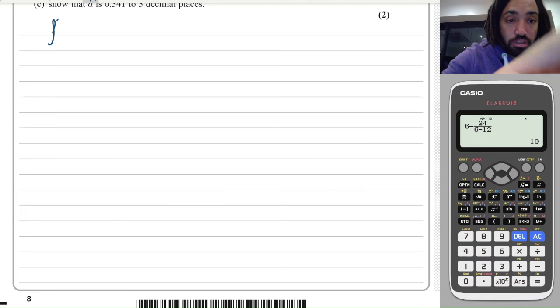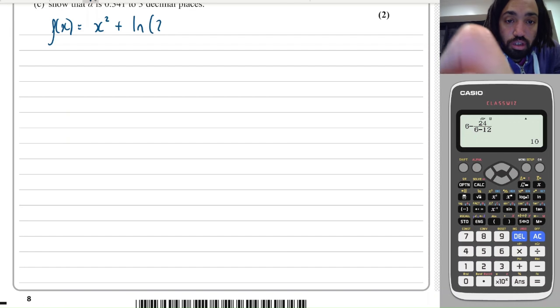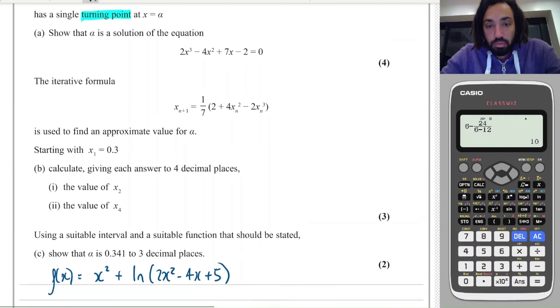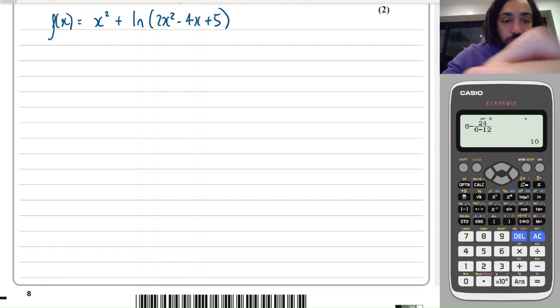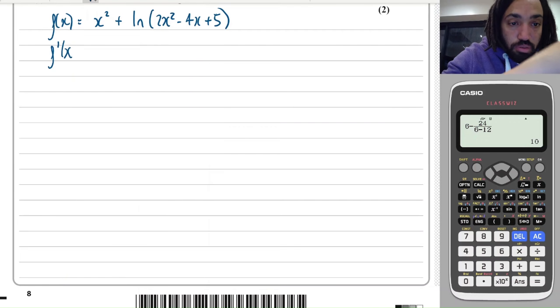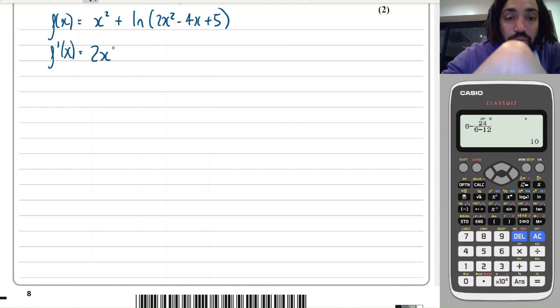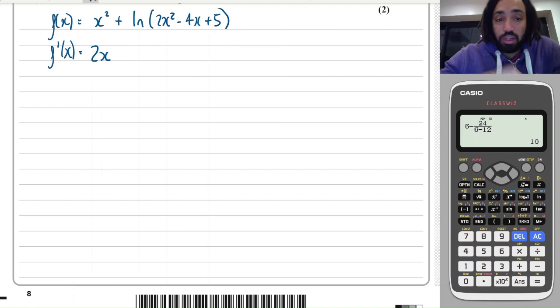The function was x squared plus ln of 2x squared minus 4x plus 5, I believe. Just double check that. Yep. The first part to differentiate is fairly straightforward. We just drop the power down, and then we reduce the power by 1. The next part I'm going to have to use a substitution using the chain rule.